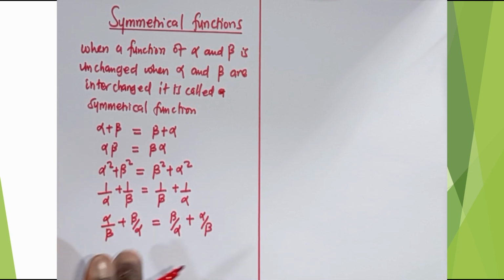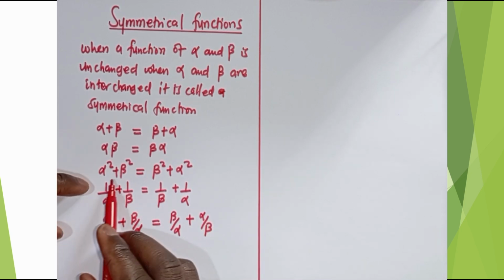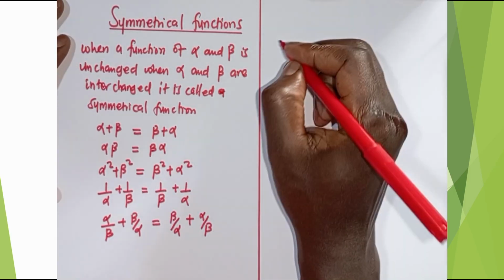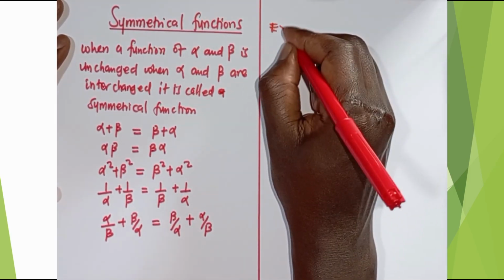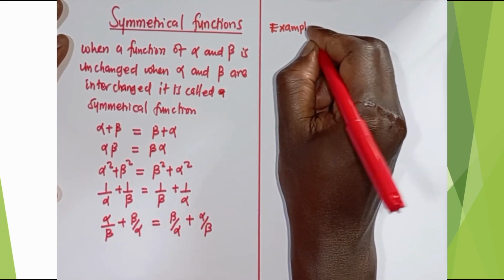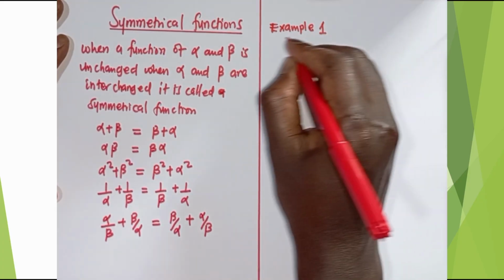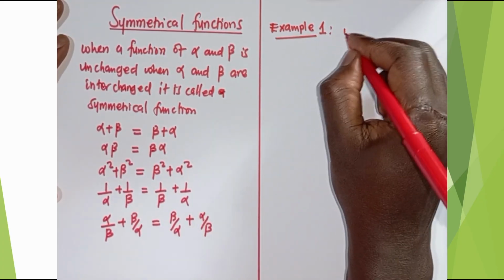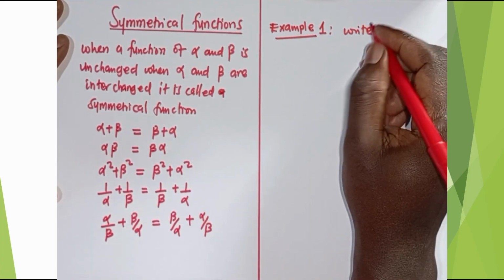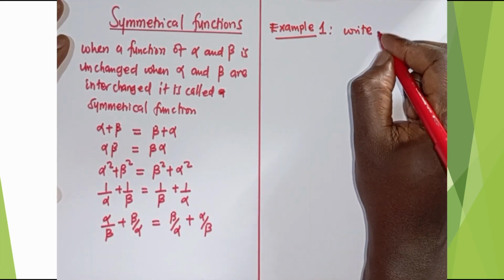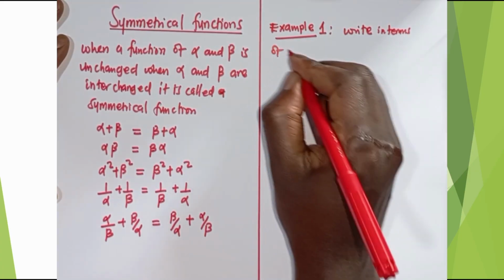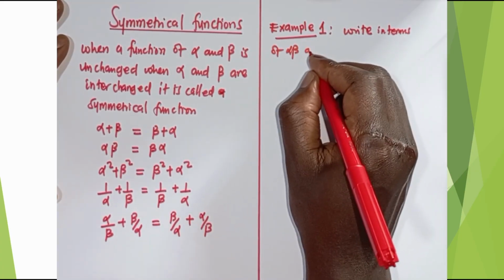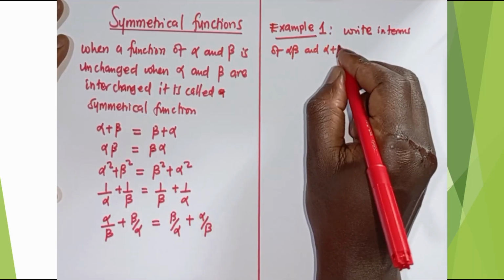For example, you may be asked to write, let us look at the first example. Example 1: write the following in terms of alpha beta and alpha plus beta.